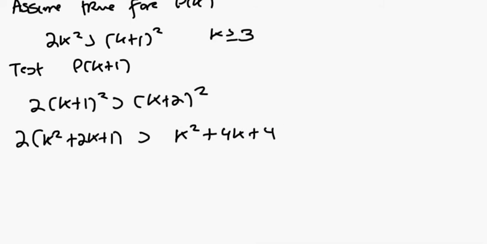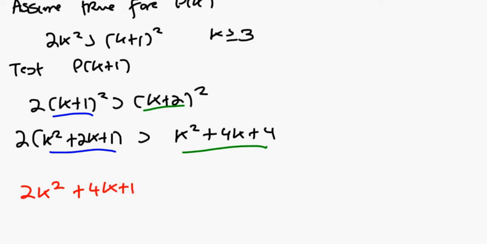That's what happens when you square this part out. Then we multiply it out and get 2k squared plus 4k plus 2, that's going to be greater than k squared plus 4k plus 4.